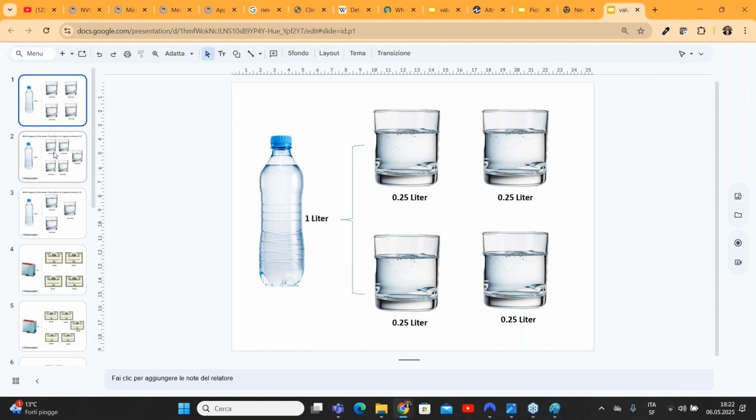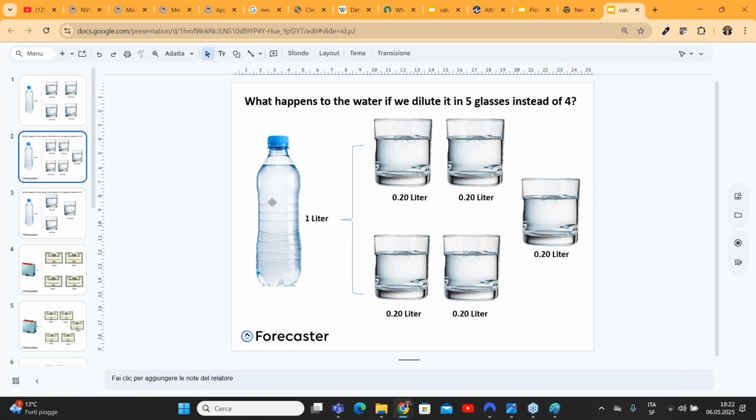Okay, if we take the same liter of water and we divide it in 5 glasses instead of 4, we have of course 0.20.